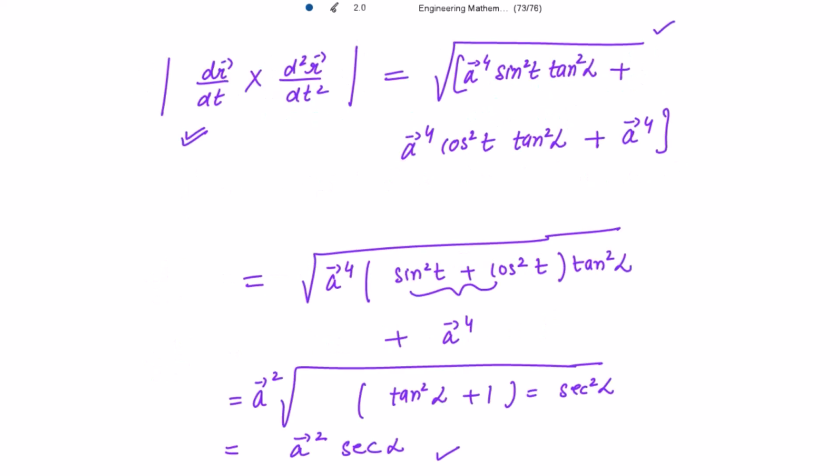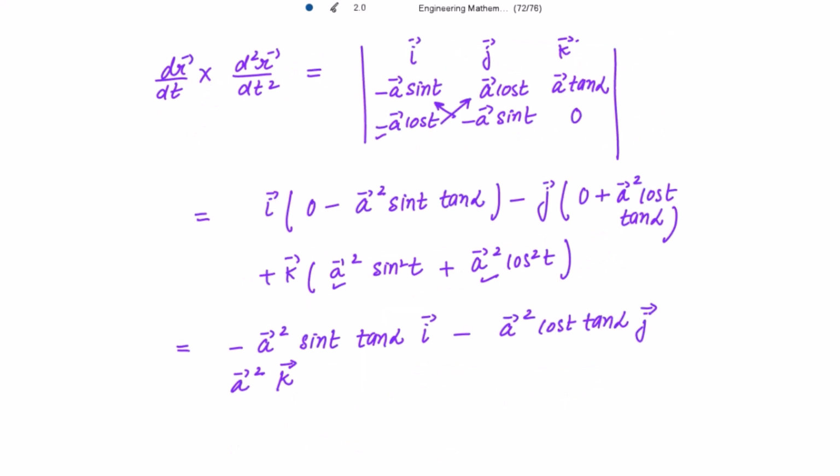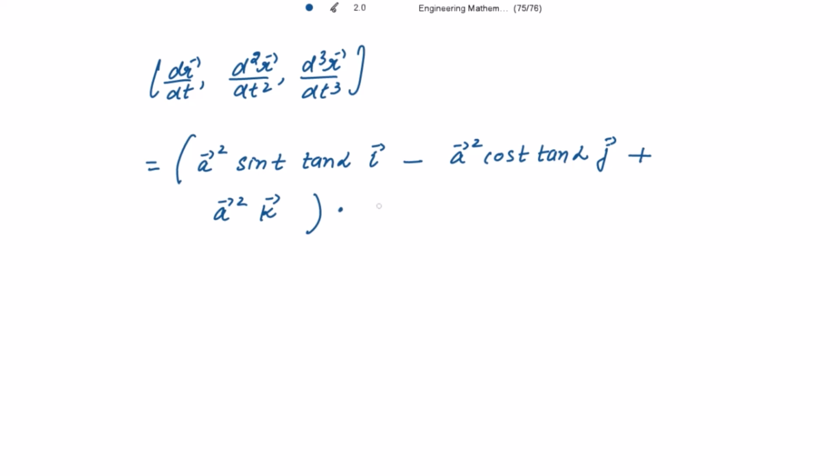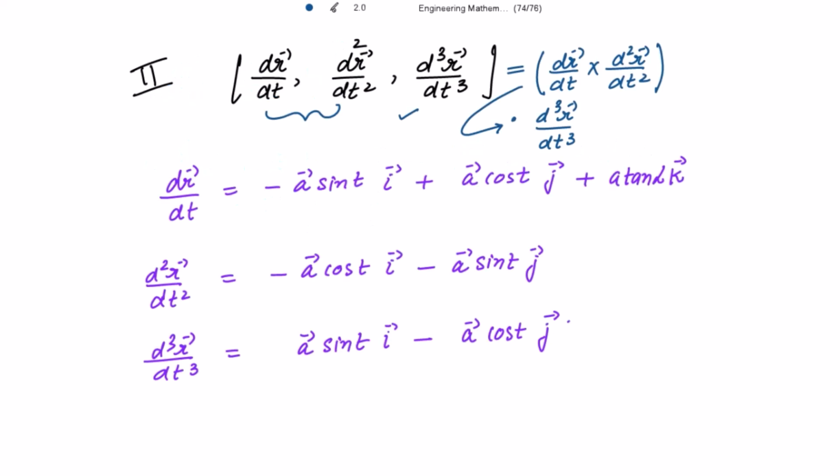We have calculated already. That is this one. We have calculated the cross product of these two vectors to be equal to this. So let me write all this. So we are having its dot product with this vector, and its value is this one, a vector sin t i minus a vector cos t j.